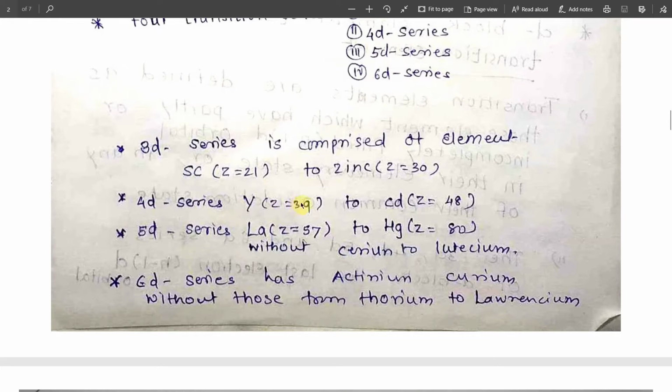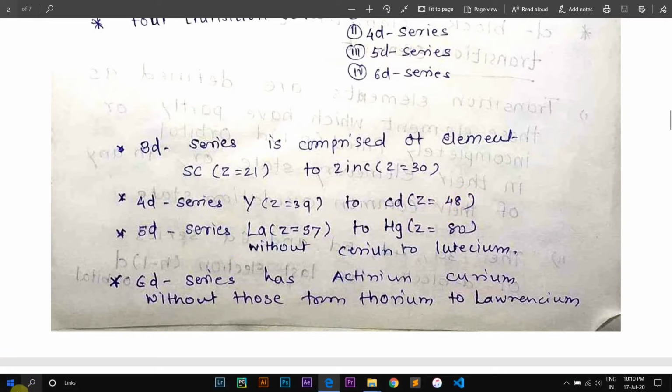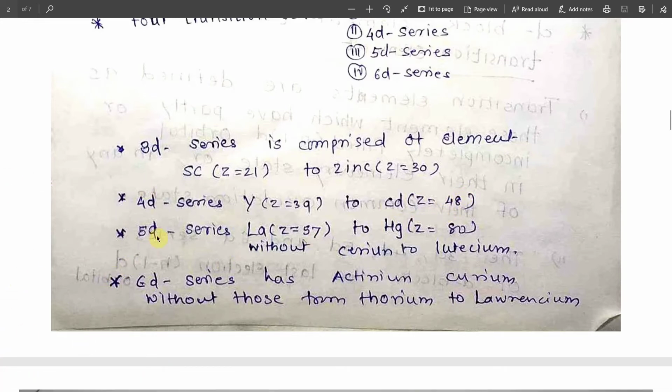The 3d series comprises elements from scandium, atomic number 21, to zinc, atomic number 30. The 4d series is yttrium, atomic number 39, to cadmium, atomic number 48.